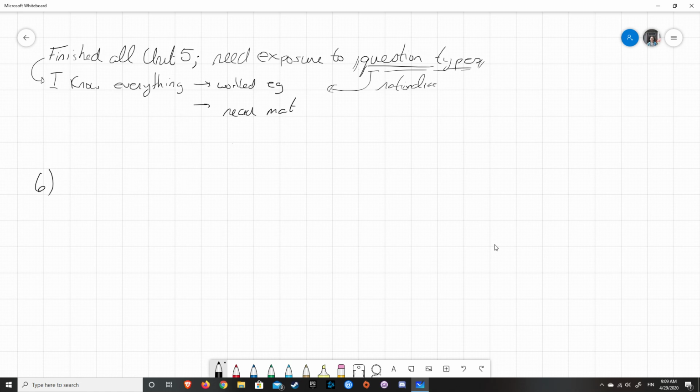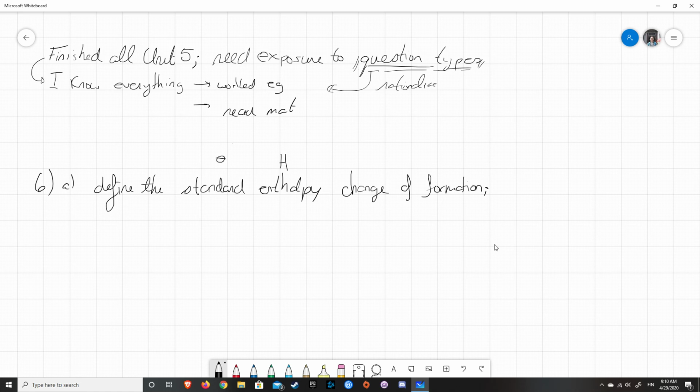So the first part of number 6, 6A, is to define the standard enthalpy change of formation. So remember, standard is that symbol in the top right. Enthalpy is H. And then it gives you the symbol, delta H of formation.